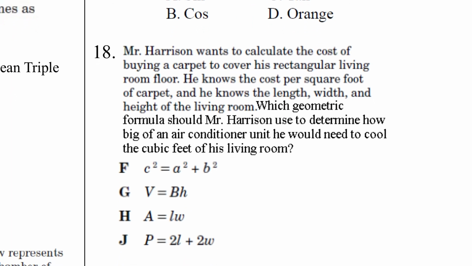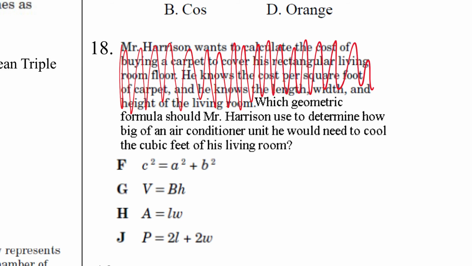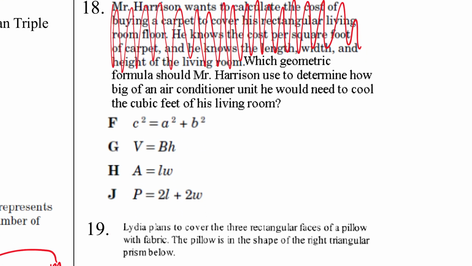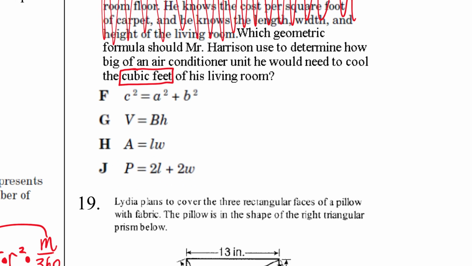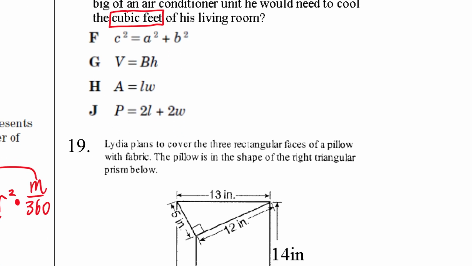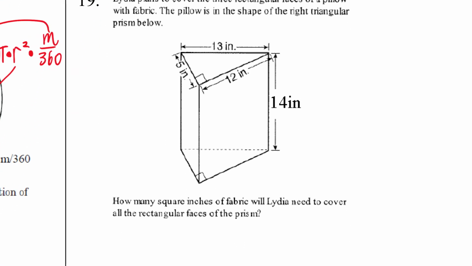Okay, this question is so jank, but all right. You can tell the different font there. Just basically ignore the first part of that. That's just such a weird question. And the key word down here is cubic feet. All right, and then on number 19, it says how many square inches will she need to cover the rectangular faces?